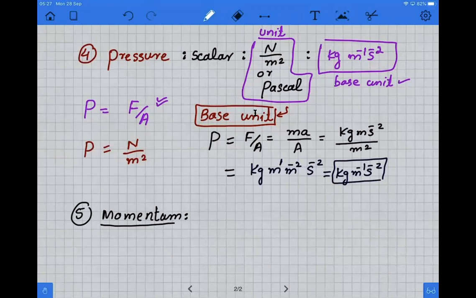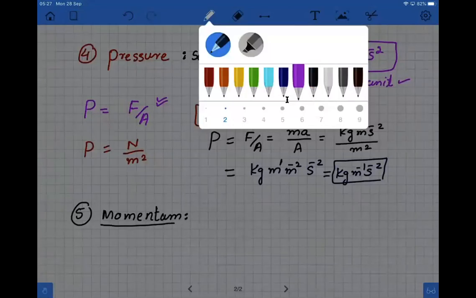Momentum is basically, heavier objects moving faster will cause more damage.